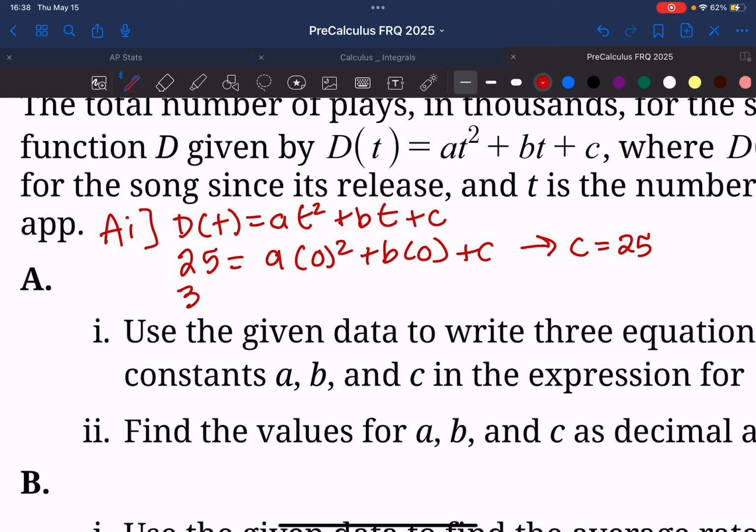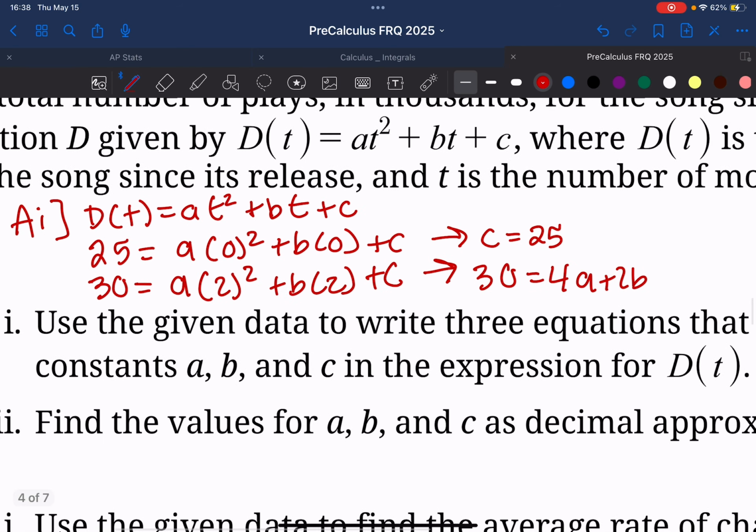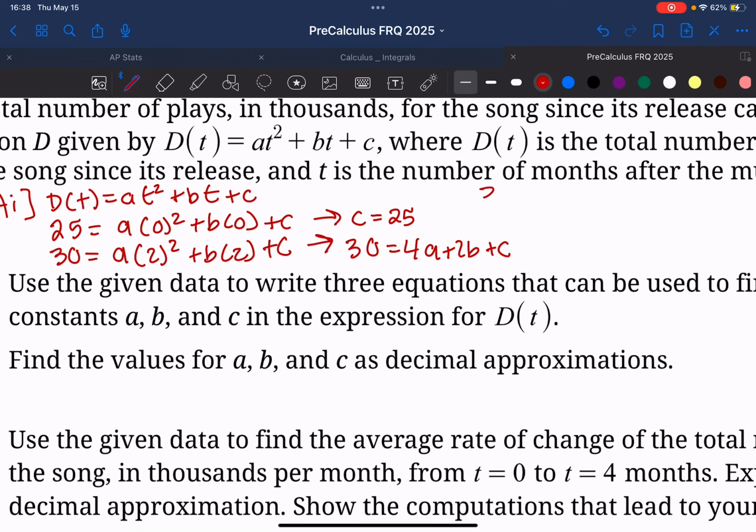Then we have 30 is equal to a times 2 squared plus b times 2 plus c, which gives us 30 is equal to 4a plus 2b plus c. And then we have 34 is equal to a times 4 squared plus b times 4 plus c. So this means we have 34 is equal to 16a plus 4b plus c.